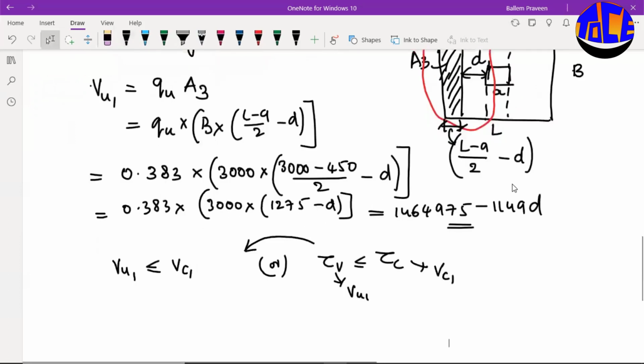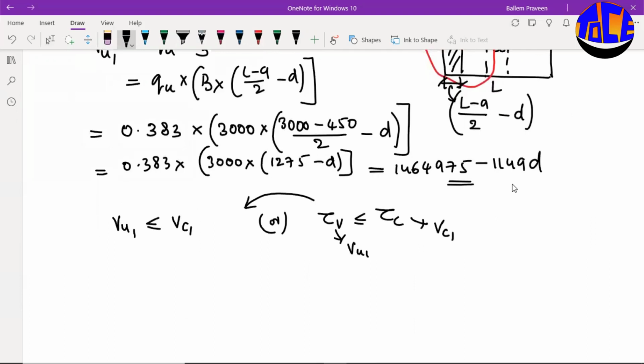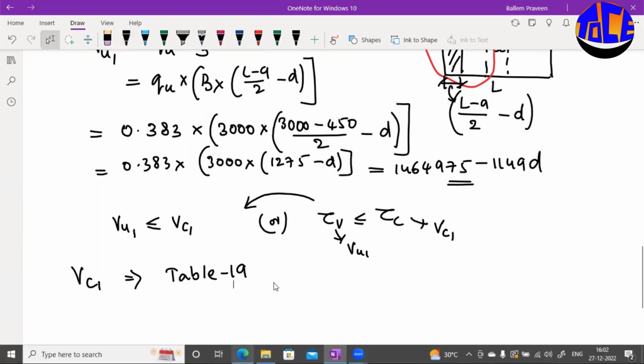Now let us find out the VC1. In order to find VC1, we need to assume the percentage of steel, because we are going to use table number 19 here.